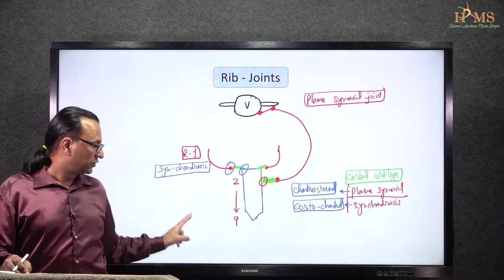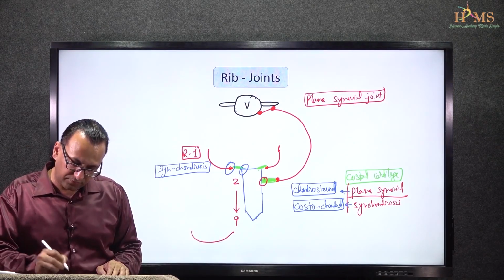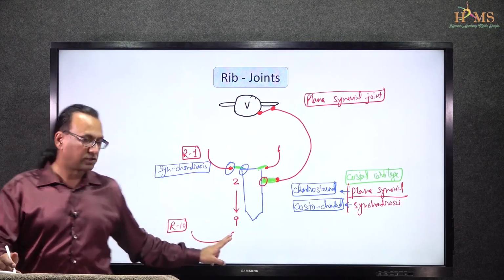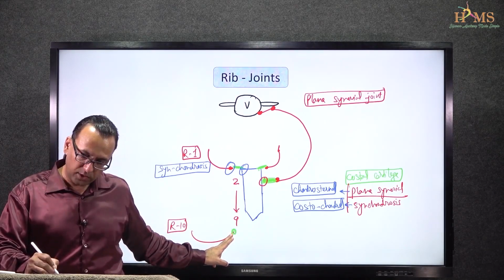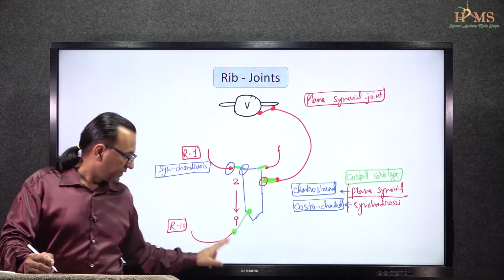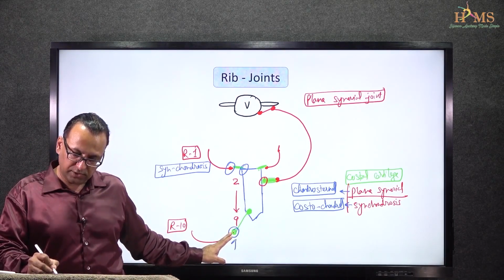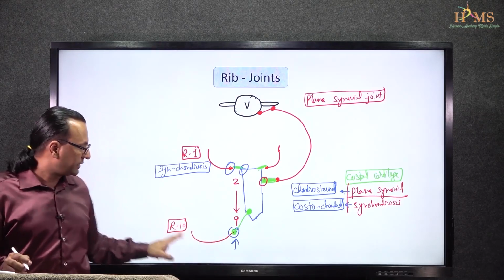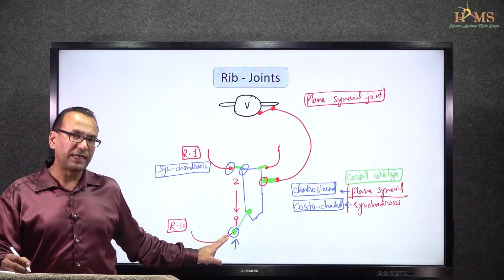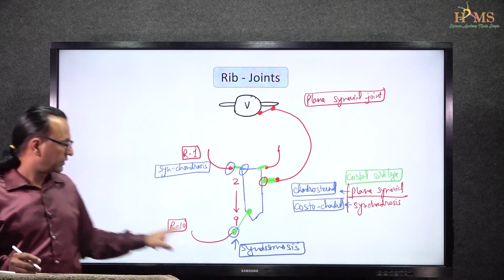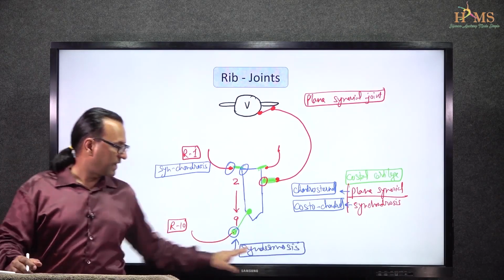Why? What about the 10th rib now? As the 10th rib comes and joins the costal margin to join the sternum, here it will not be a synovial joint. If this is not a synovial joint, then what is it? It is a fibrous joint, syndesmosis.